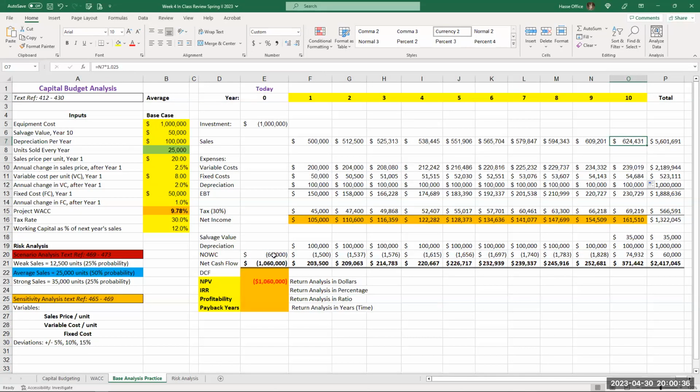So now all this accumulated negative cash is going to be added back in year 10. In other words, you take 12% of $62,431, you get $74,932. The net effect of all this is 0.